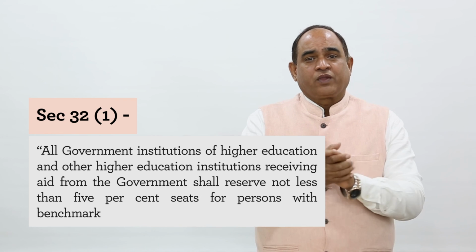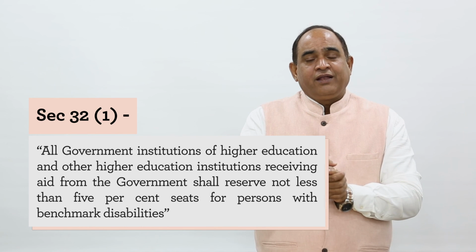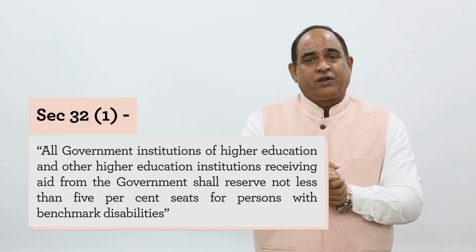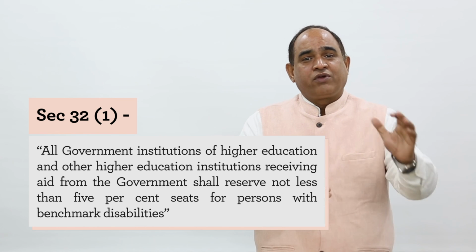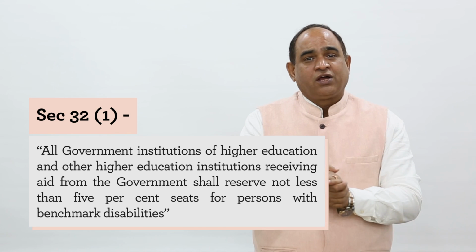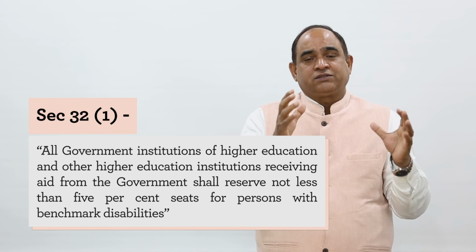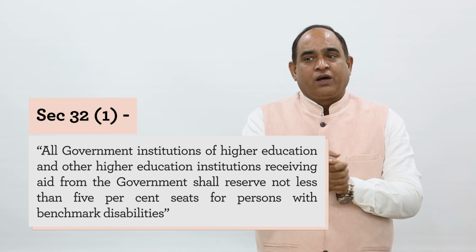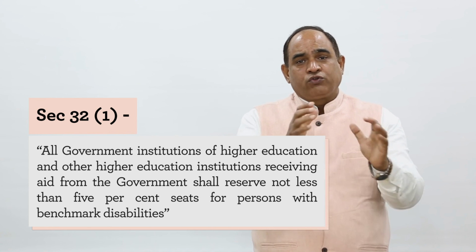Now, if you look at section 32 of the Rights of Persons with Disabilities Act of 2016, it seeks to reserve not less than 5% of seats in higher educational institutions, those funded by the government, and this 5% includes 1% for those with benchmark disabilities.